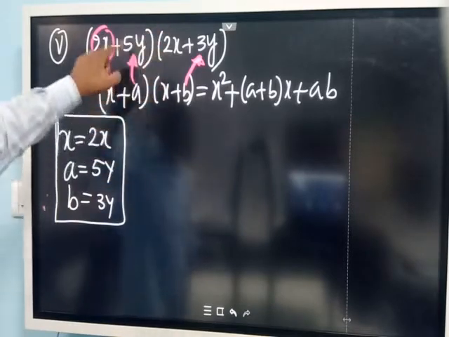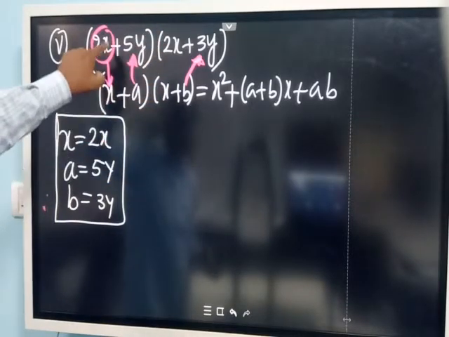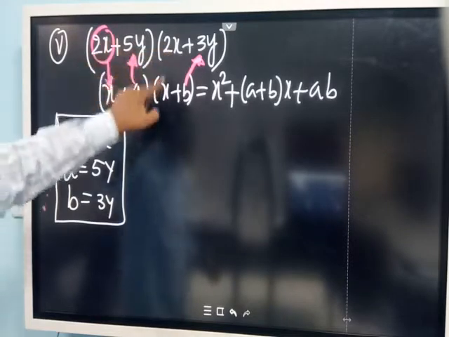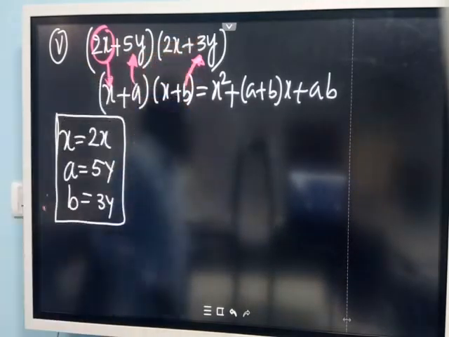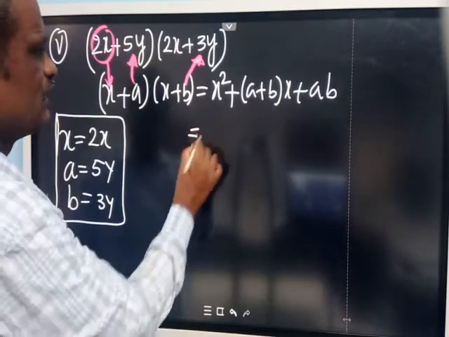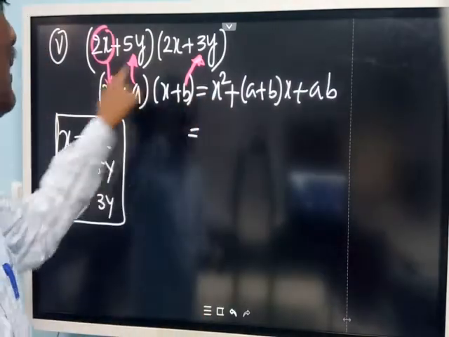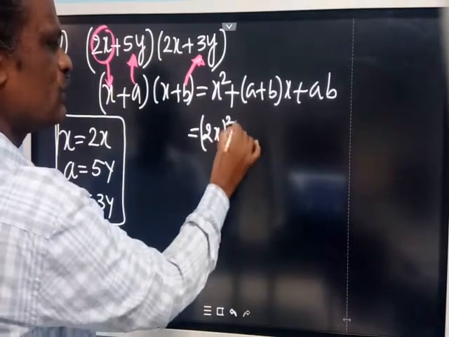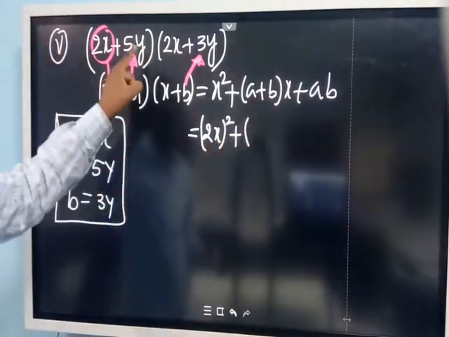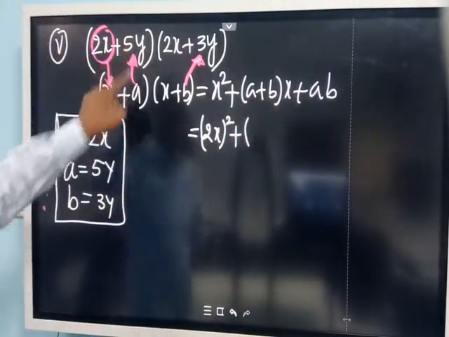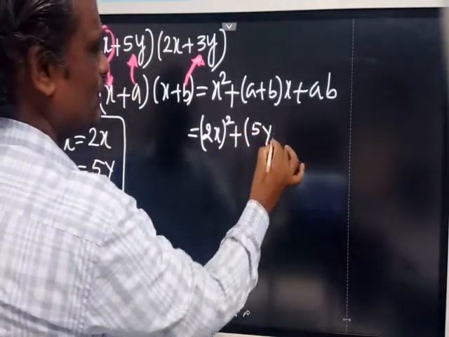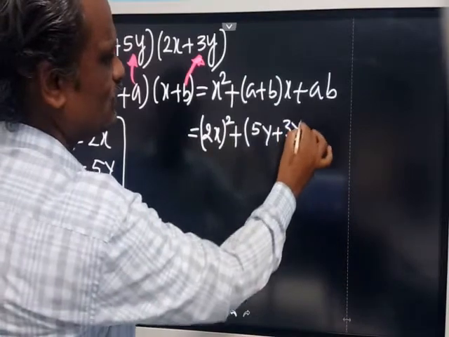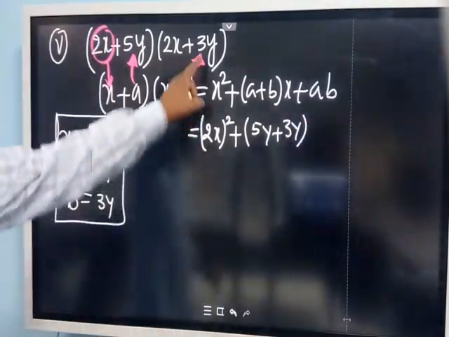Compare this one, question and the formula. X means 2x, a value is 5y, x again 2x, both are same. B value is 3y. So when you substitute here, x square, x means 2x, it should be 2x whole square, plus a value you know, look at this question, 5y plus b value, it is 3y, both are like terms only, 5y plus 3y.